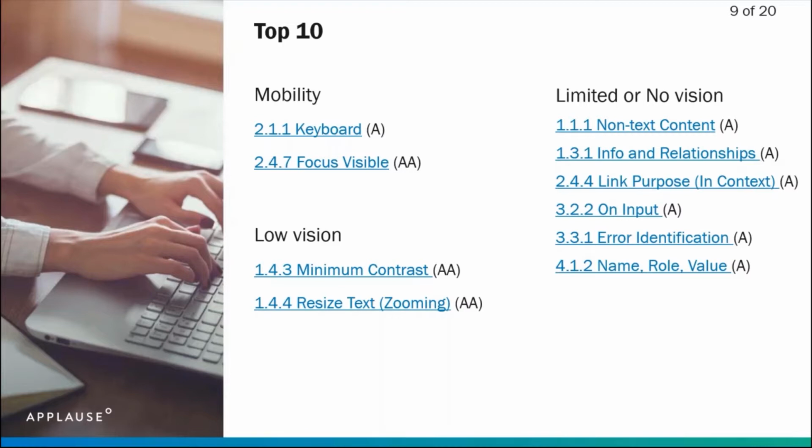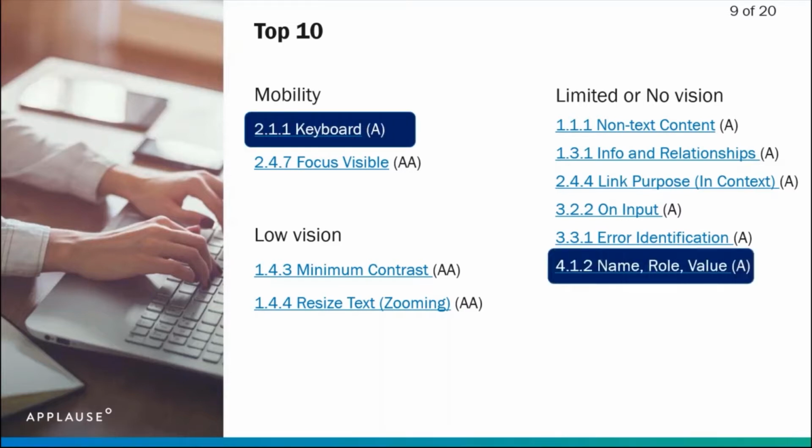So if 10 is still too many, I often boil that down to maybe a top 2 list. And this is where my tab key comes in. If you're focusing on 2.1.1 Keyboard and 4.1.2 Name, Role, Value, you can actually implement a lot of accessibility by focusing on these 2 success criteria first.